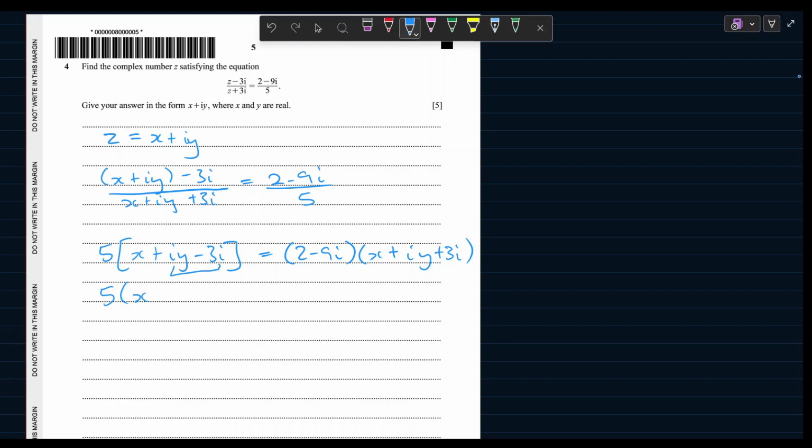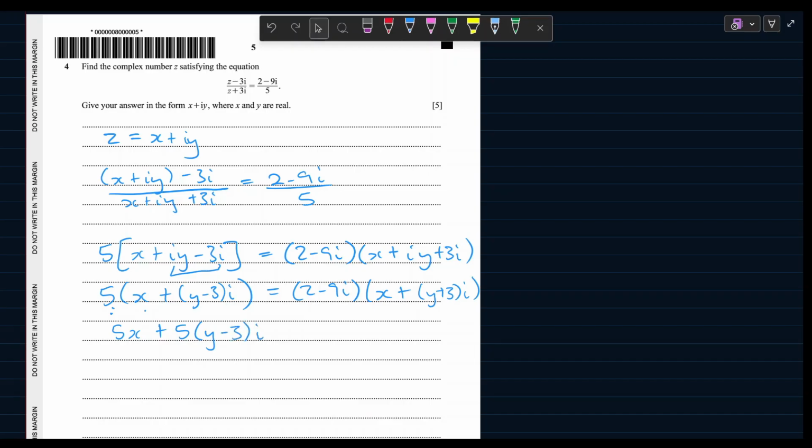So that's x plus, in brackets, (y minus 3)i. And this is equal to (2 minus 9i)(x plus (y plus 3)i). All right. So now let's expand. 5 times x gives us 5x, then 5 times (y minus 3)i, that's going to be plus 5 times (y minus 3)i.